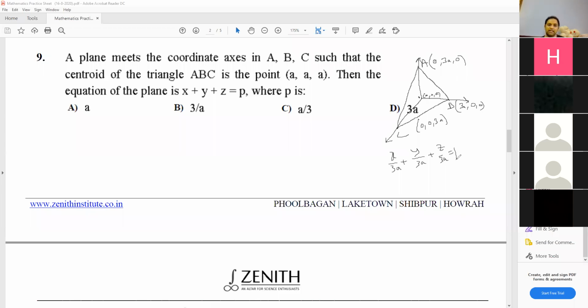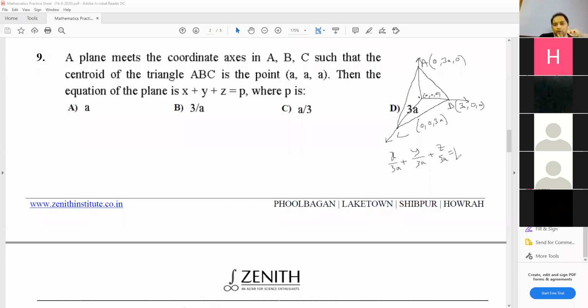Yes, you can do that as well. Since it's the centroid of the triangle, it must satisfy the equation of the plane, right? That is also correct. From that also p equal to 3 comes directly. Nice.